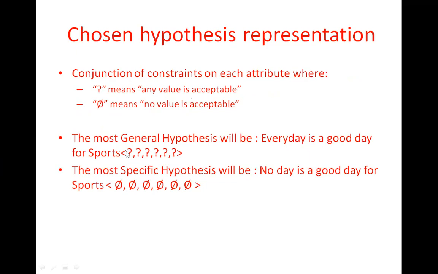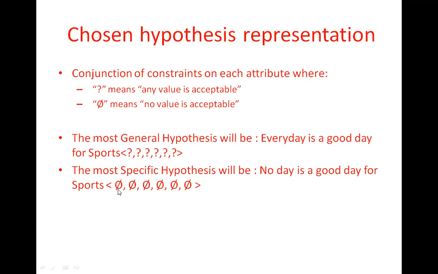Any of the values are accepted wherever a question mark is there. That is, if the sky is any of these three conditions, and the next one, and so on. So a question mark indicates any value for that particular attribute.